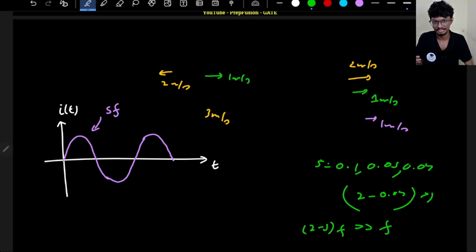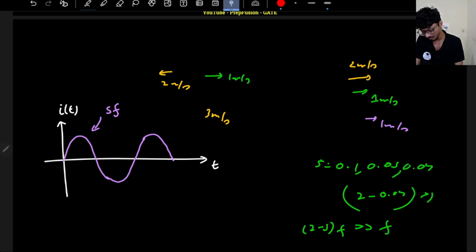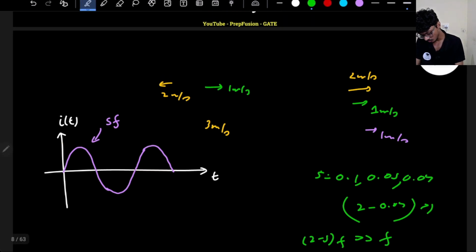The backward field produces a high frequency current, whose amplitude will be lower. I will give you the reason why the amplitude is smaller.